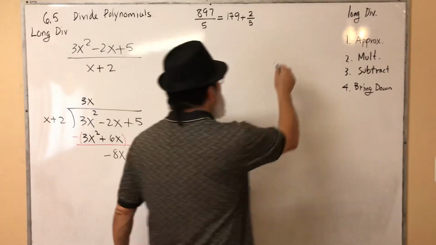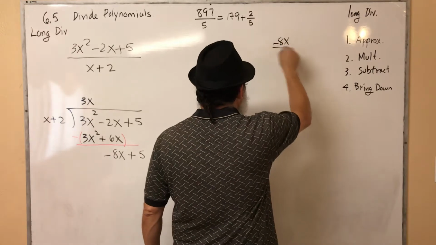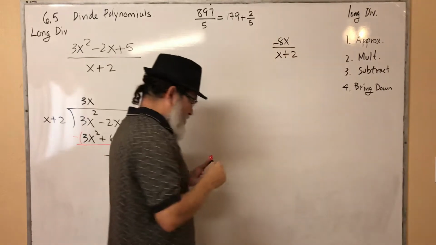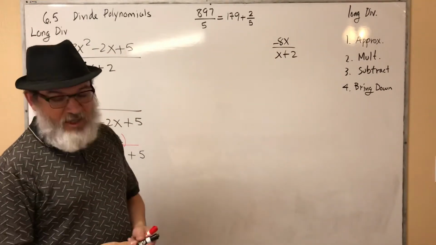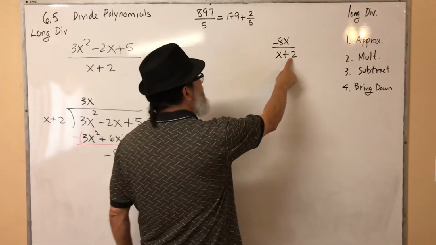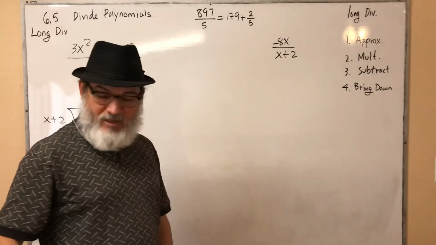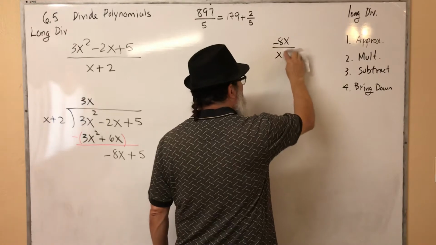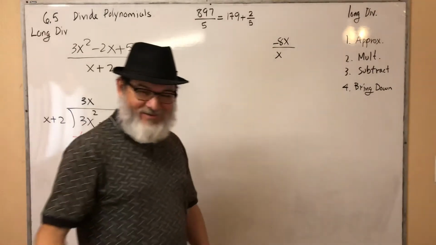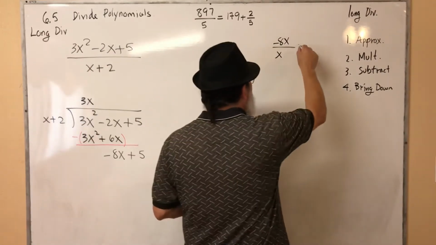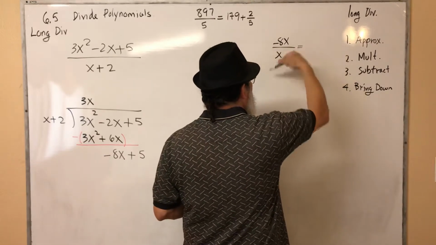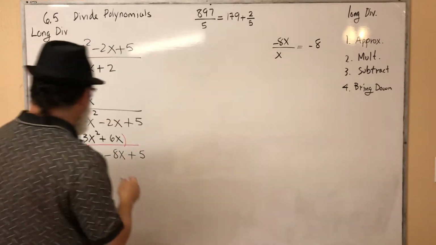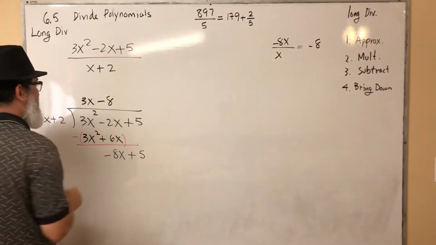But we said to approximate, we just drop the 2. That's an approximation. Let us just drop this numerical part, the constant. An approximation is that x cancels, we get negative 8. That's our approximation.